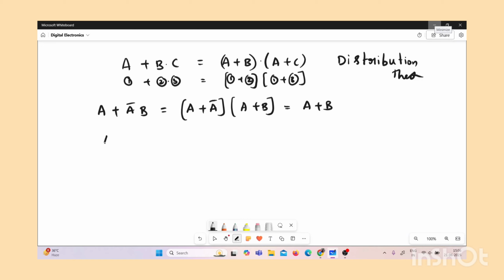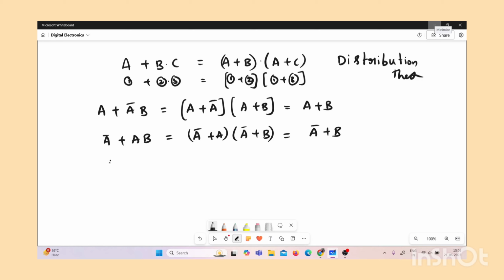And similarly, let us solve one more. A bar plus ab is equal to a bar plus a into a bar plus b. So a bar plus a is equal to 1 into this one, a bar plus b.